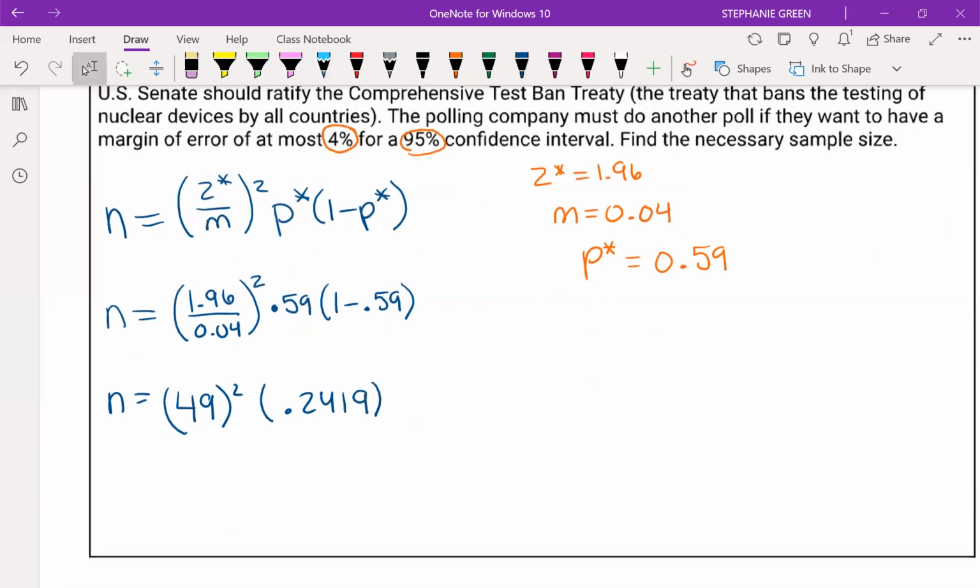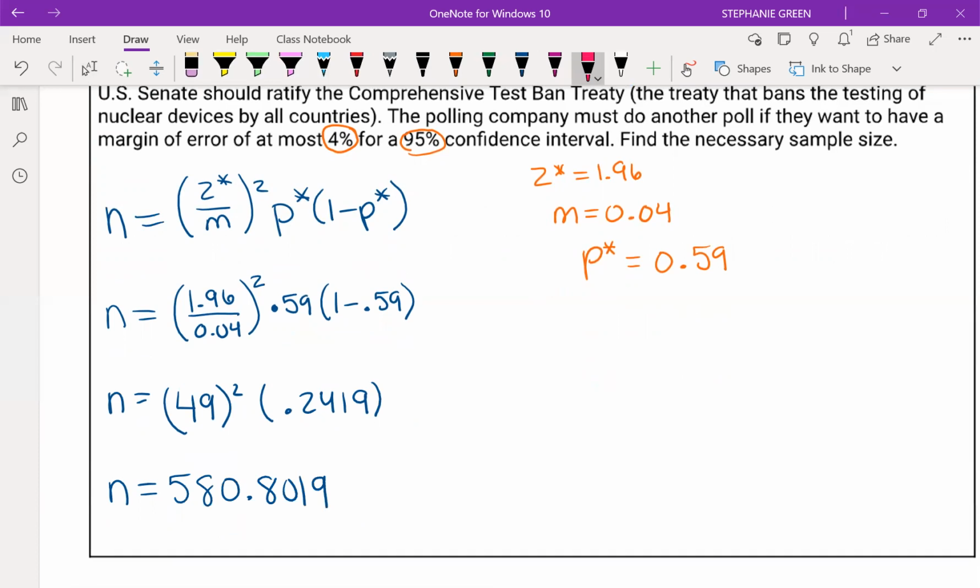Then I'll need to square my 49, and then multiply it by 0.2419. So I get a final answer of 580.8019 on my calculator.